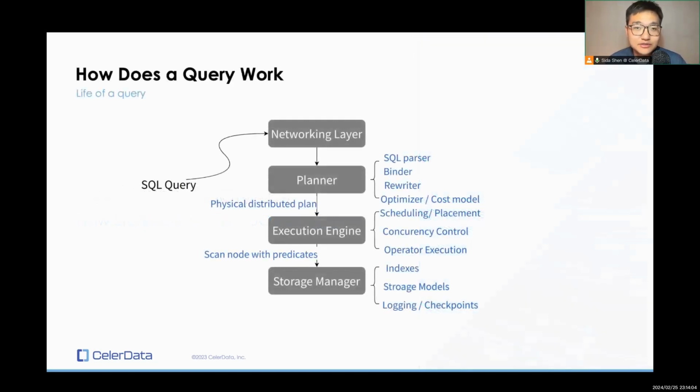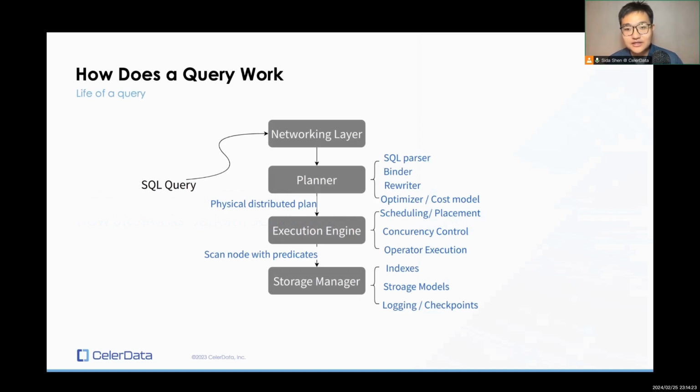Before we actually dive into this, let's talk about how a SQL query works, the lifetime of a SQL. The SQL first hits the network layer and gets sent to the query planner. The planner analyzes the SQL and generates a physical distributed plan for the execution engine.